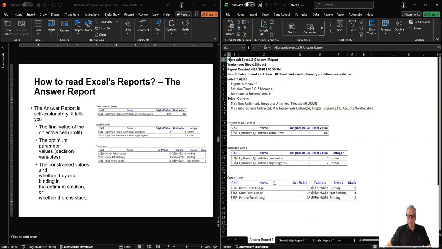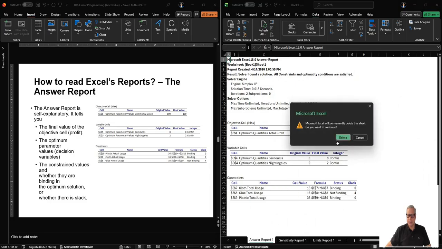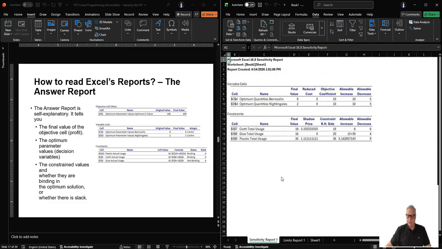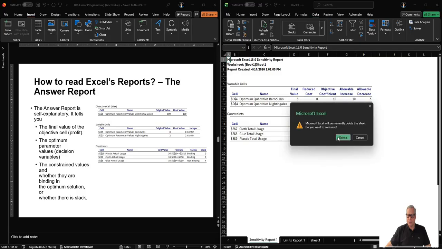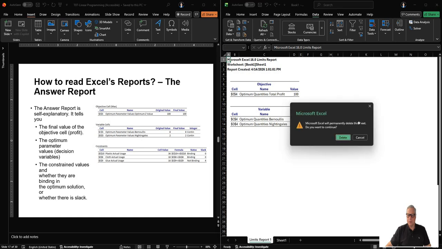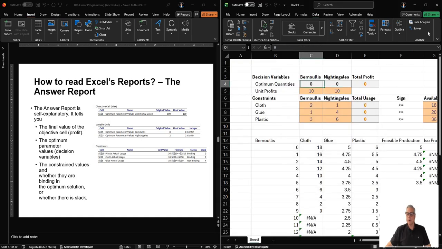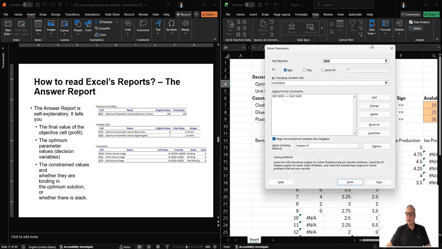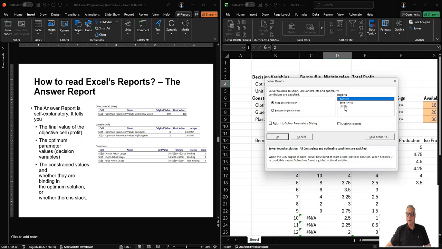Let me delete the answer report again, and the sensitivity report, delete, and the limits report. Okay, so we start with 0 and 0, and so now we click on Solver. Okay, solve. Let's get all reports.